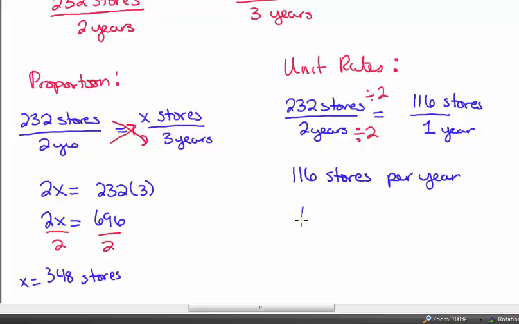And I want to know over 3 years, and so I get 348 stores in 3 years. So these are just 2 different ways of working out the same problem. They're both correct. You can use either method.